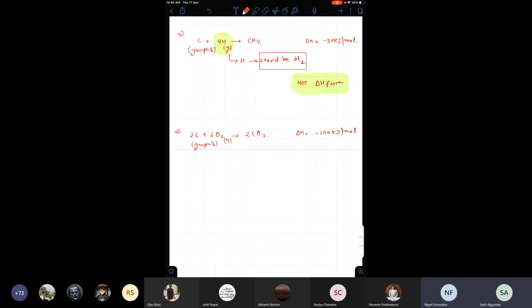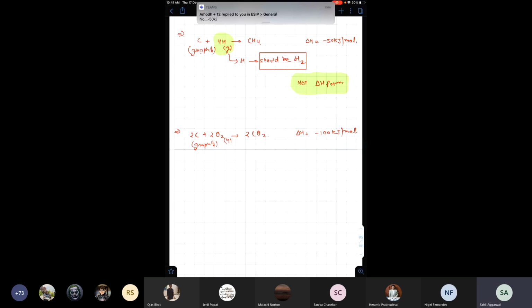Is this the enthalpy of formation? Janil, Sanika, Sania.